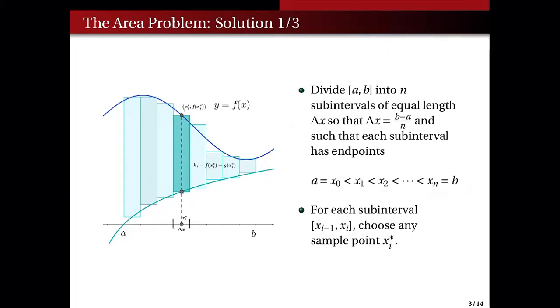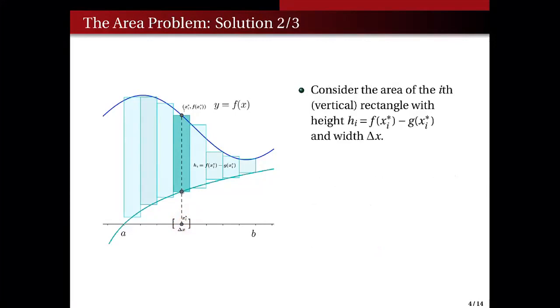Now for each subinterval [x sub i minus 1, x sub i], we choose a sample point x sub i star. In here, we have this point here. Then we consider the ith vertical rectangle, and its height is equal to f at x sub i star minus g at x sub i star.